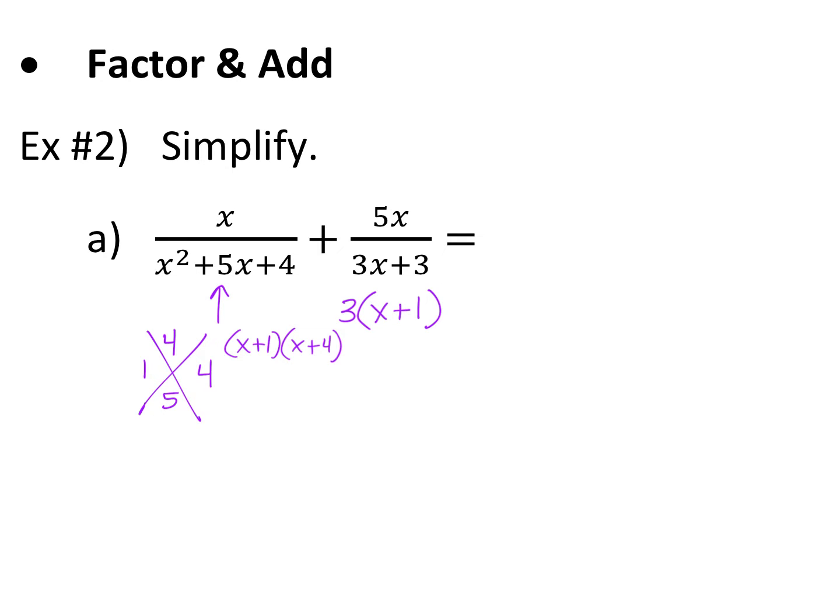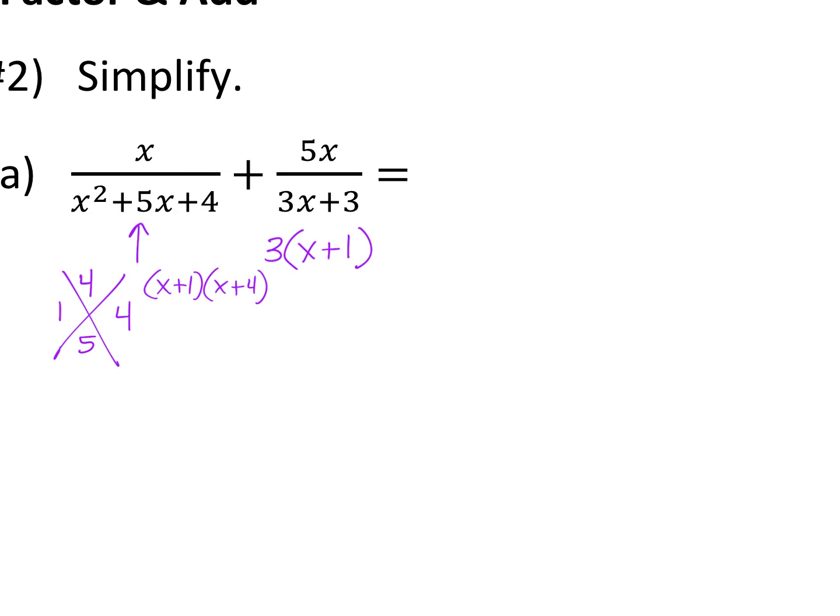Okay, I'm going to rewrite this because I want it to be crystal clear what's happening here. So give me a sec, I'm just going to rewrite what we have right now. So currently we have x over x plus 1 times x plus 4 plus 5x over 3 times x plus 1.